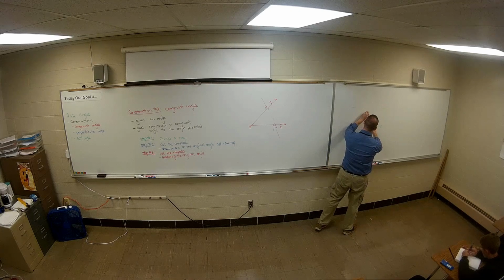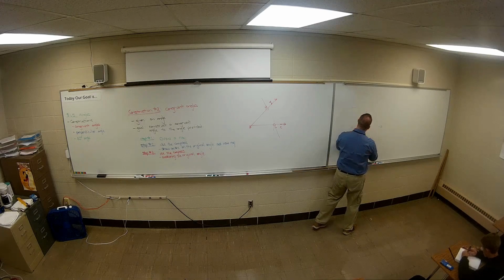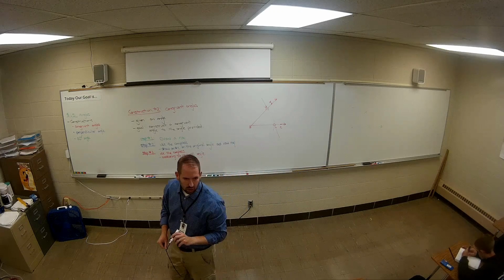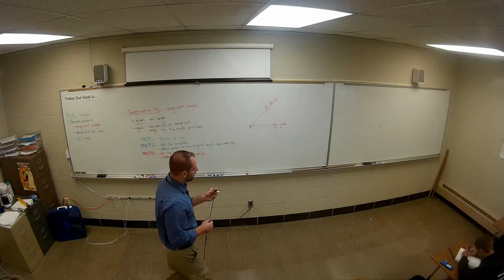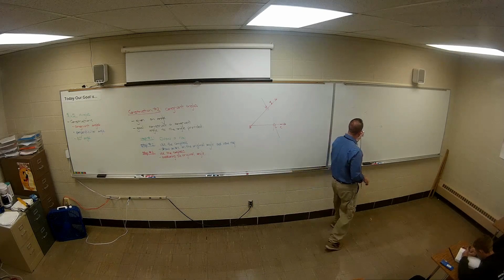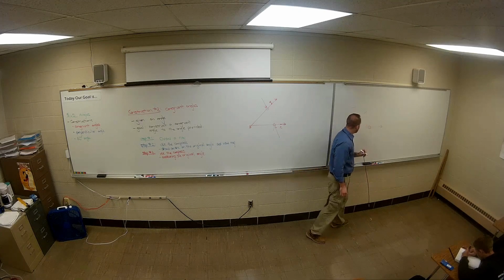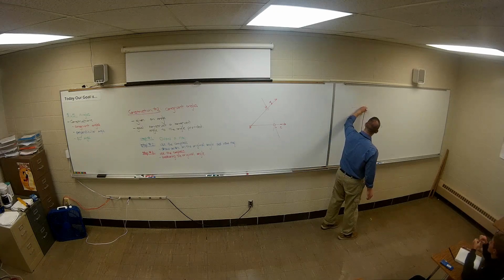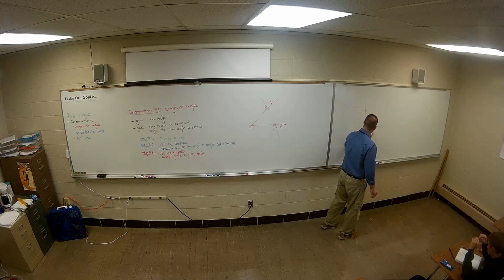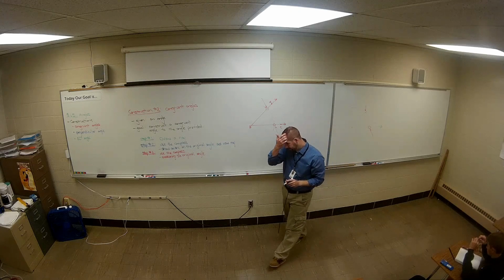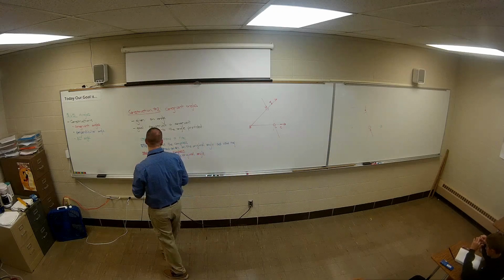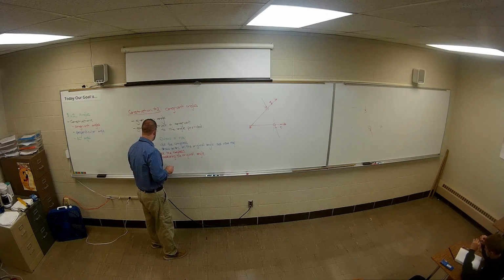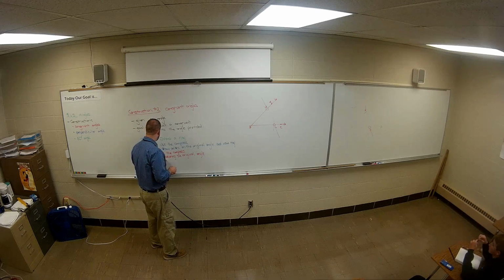So if you can't see, I put the little pointy end right here, right where the arc actually hit the ray, and I'm putting the pencil up here. So you're measuring the original angle, transfer mark to the new ray.